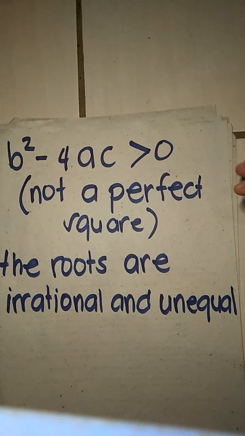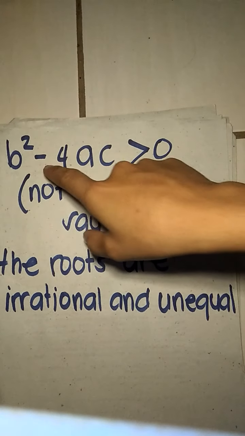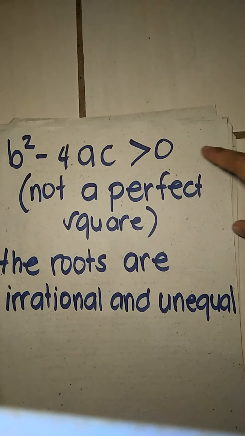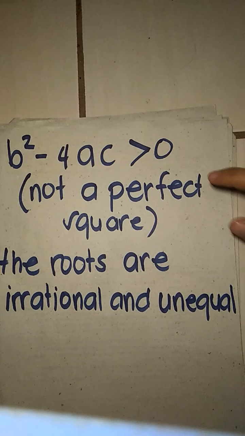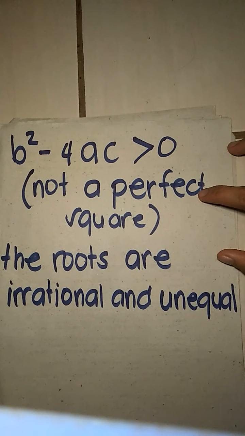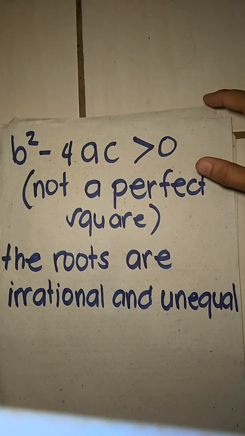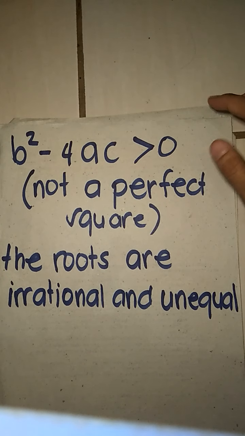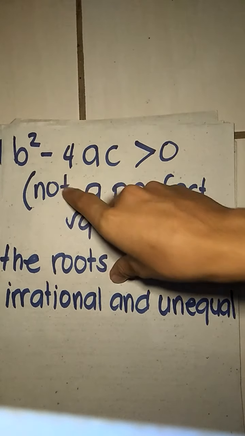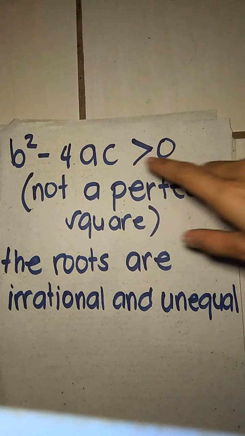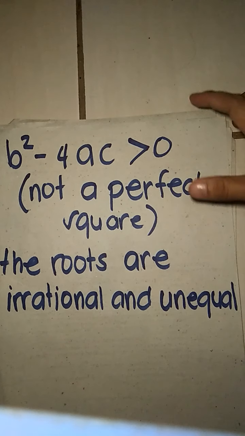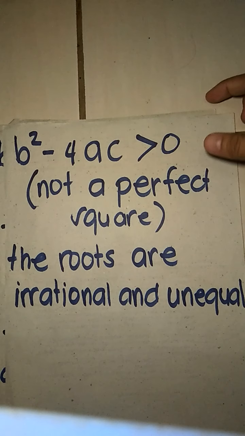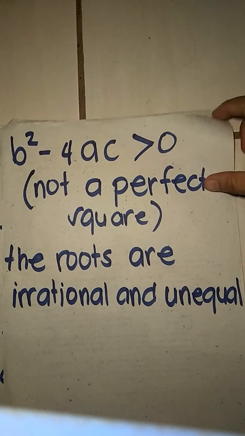Again, if the discriminant b squared minus 4ac is greater than 0, and not a perfect square, the roots are irrational and unequal. Okay?